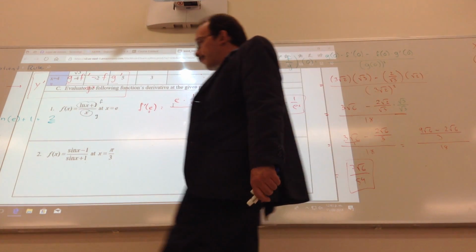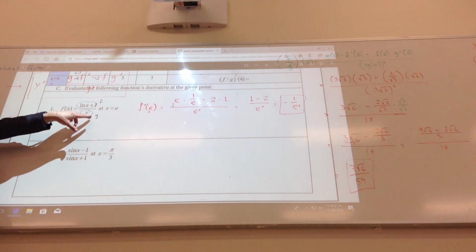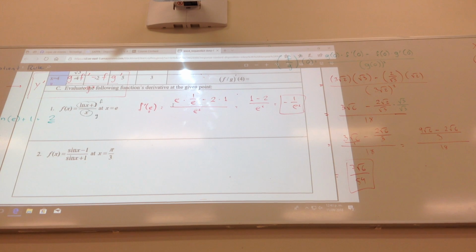Sorry? It's not the derivative of e. It's the derivative of the function g evaluated at e. I'll explain. I call this g, to maintain the notation, and it is x. The derivative of this one is what? 1. Derivative of x is 1. Evaluated at e, it doesn't matter. It's going to be also 1. So that's why. It's not the derivative of e. It's the derivative of the function g evaluated at e, which is different.